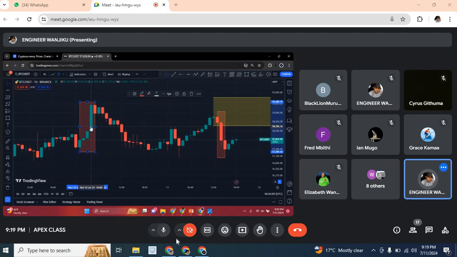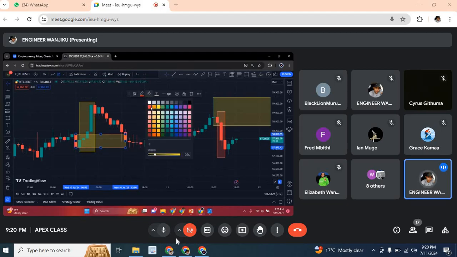The last candle formed before that impulsive move, this one right here, in yellow, is now our order block. The one in red is now our order block, because the last candle that has been formed before an impulsive move is what you call an order block.